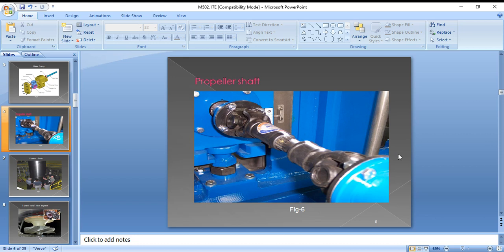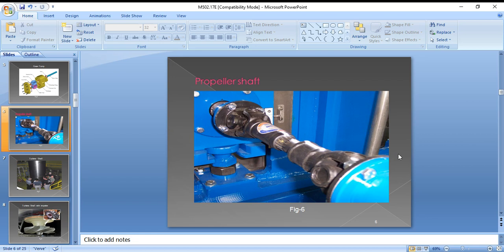The power is produced at the engine; from the engine there is a gearbox, and between the engine and gearbox there is a clutch. From the clutch it is sent to the gearbox, and from the gearbox the power is transmitted to the rear wheels.